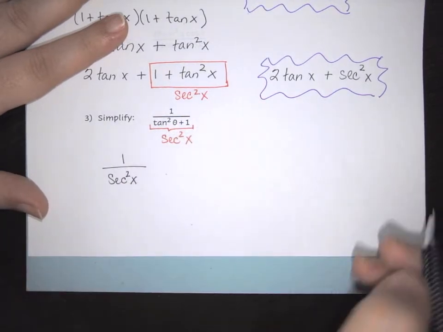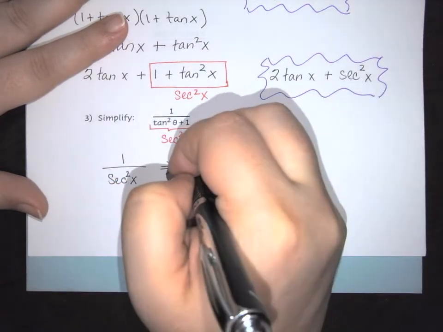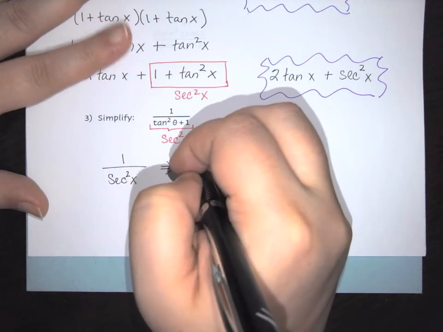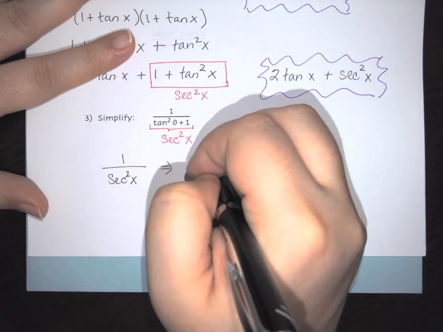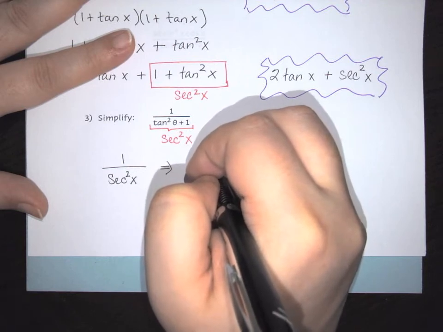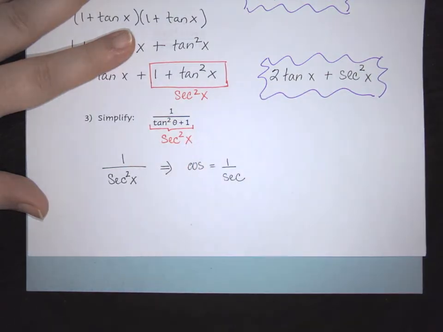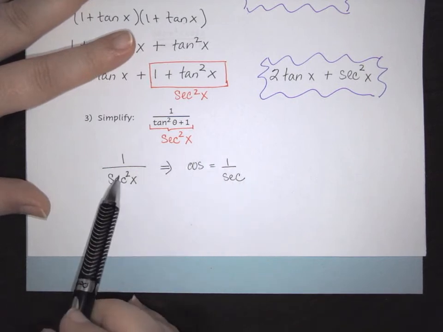And if we're looking at it, one of the things that we know is that my cosine is going to be the same as 1 over my secant. So we can apply this idea to my fraction.